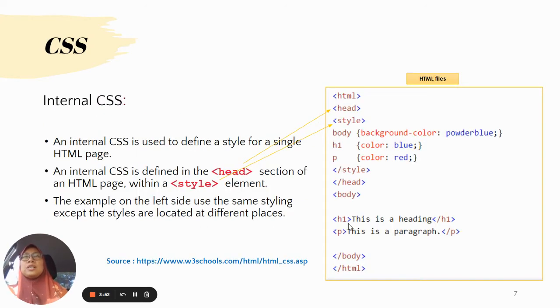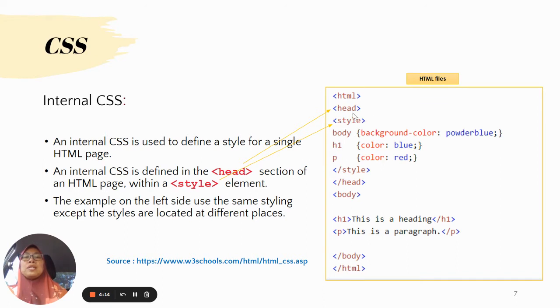Okay. So the internal CSS: if inline CSS you put inside the HTML element, for internal CSS you create one HTML element and put it inside the head, as in the example here.